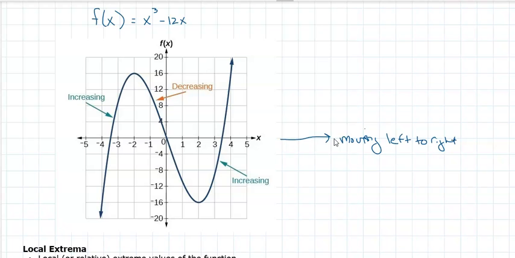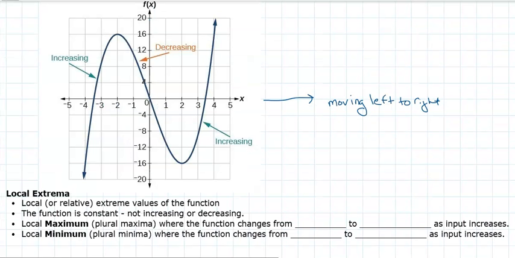So when we say something's increasing or decreasing, we're talking about as we go from left to right. Very important to understand. Remember one more little piece of terminology: moving left to right means we are looking at the input, as the input increases. So the input increases going from left to right.